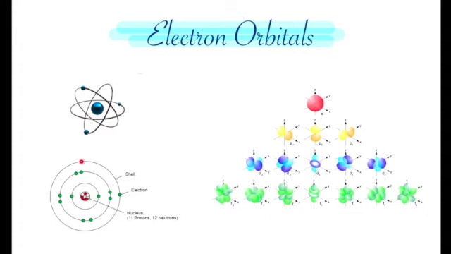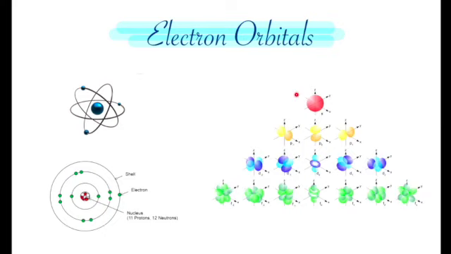And this model here, if you remember, is our Bohr model. It's kind of helpful in that it shows the different shells or energy levels that the atoms can be in, but it doesn't give an accurate description of where those electrons might be whenever they're orbiting around the nucleus.